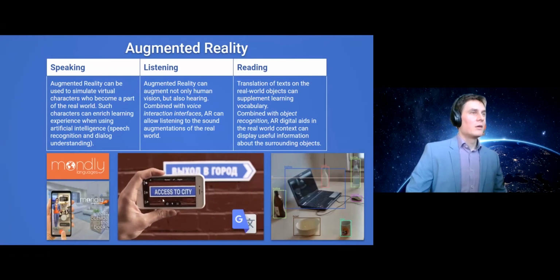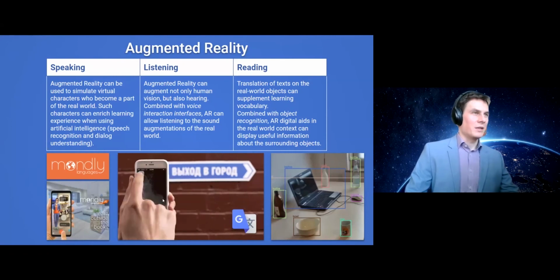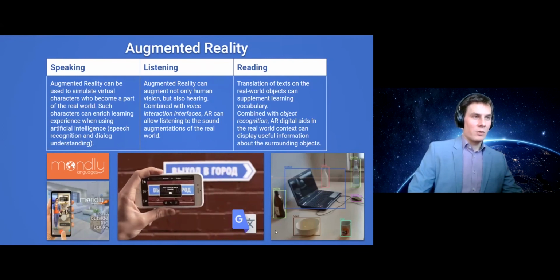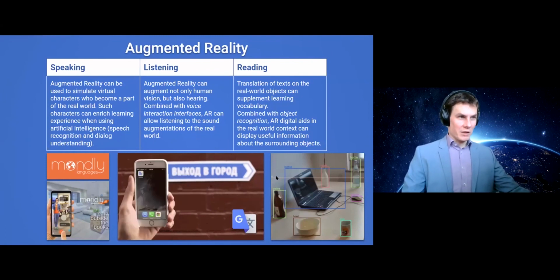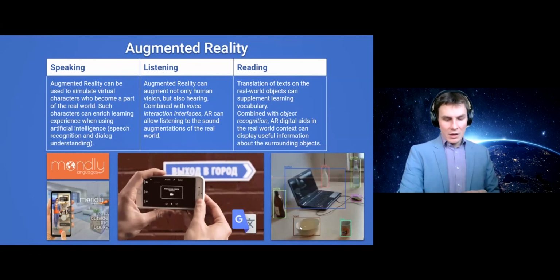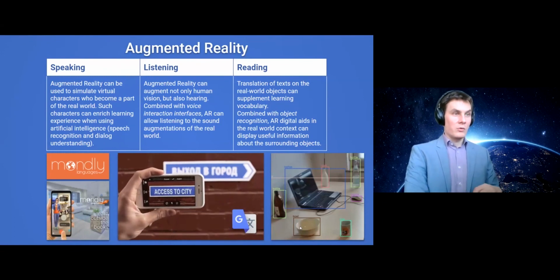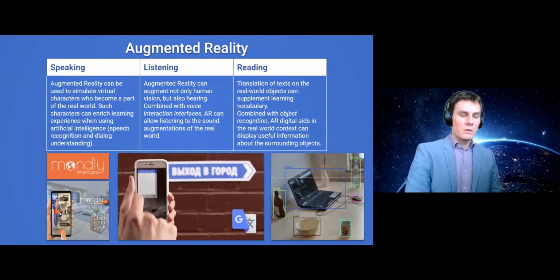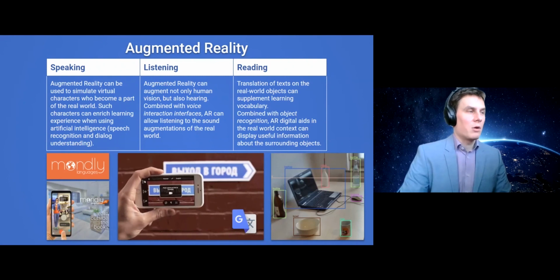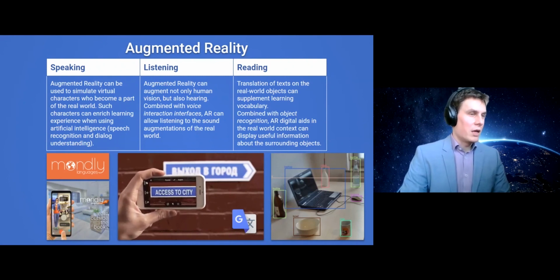It's in your phone, very likely. And it can also be combined with computer vision technologies such as object recognition, and you can see an example in the picture on the right. This technology can recognize objects and can name them when you simply point the camera of your phone or of your other device at them.